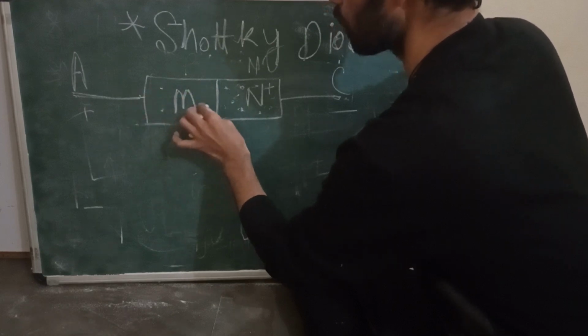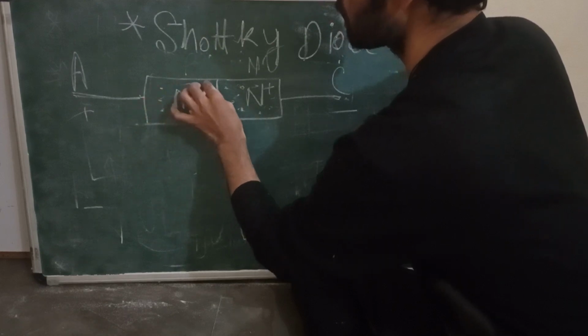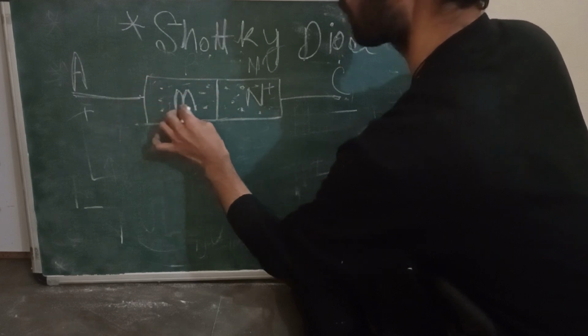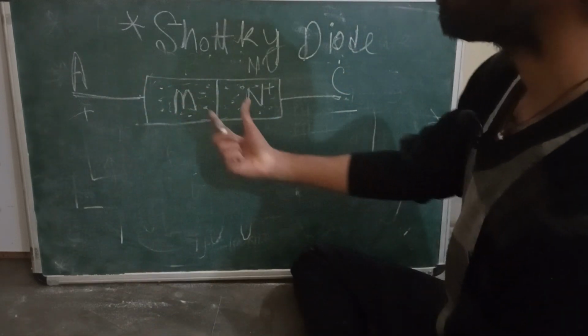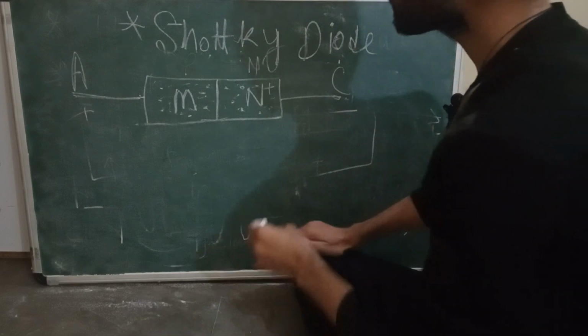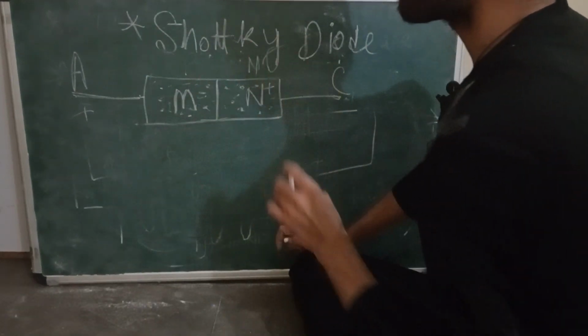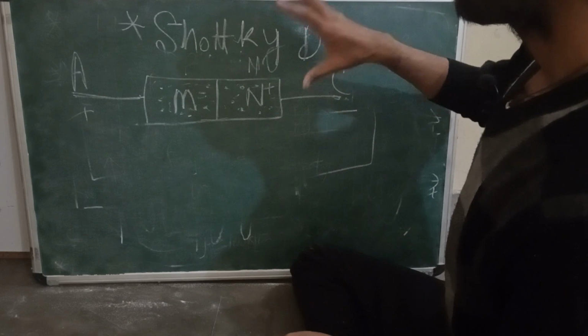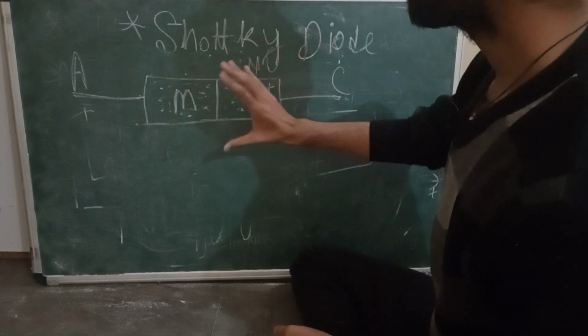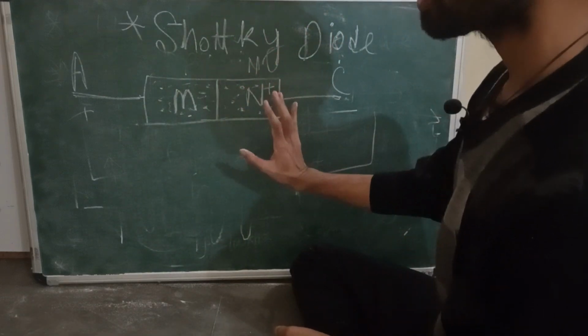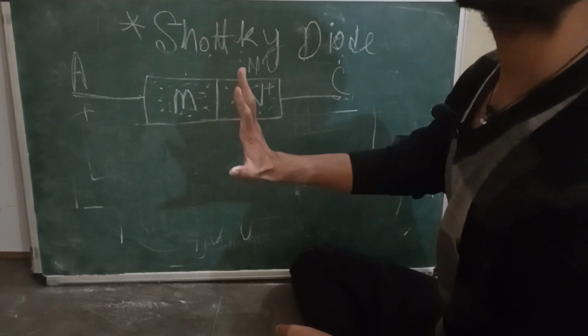Okay, so in metal there are a lot of electrons. So now see what happened. Similarly here also the diffusion process will occur, in unbiased condition, under thermal equilibrium.